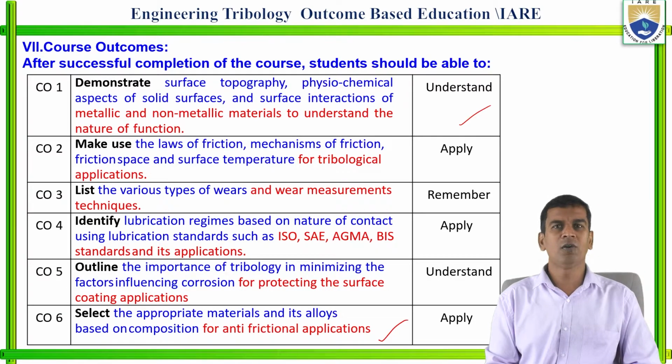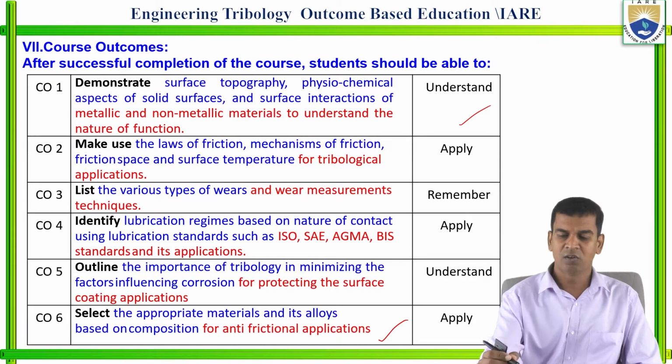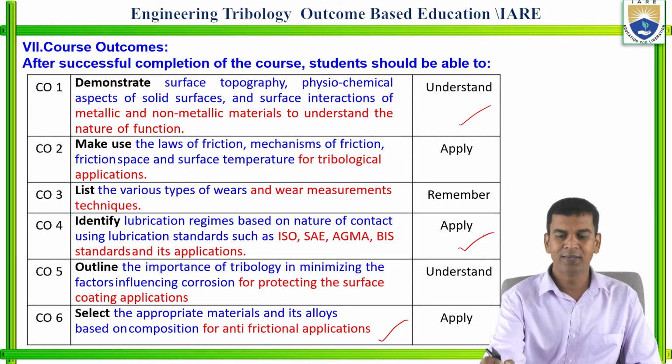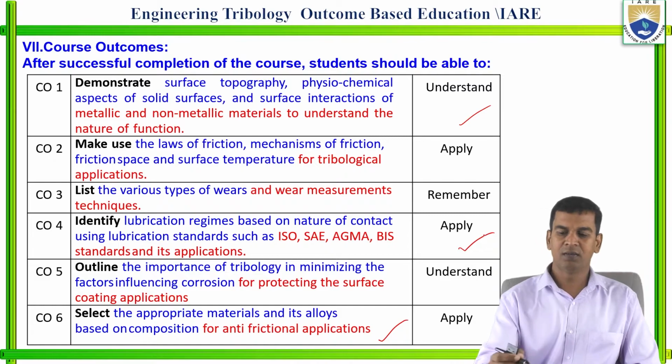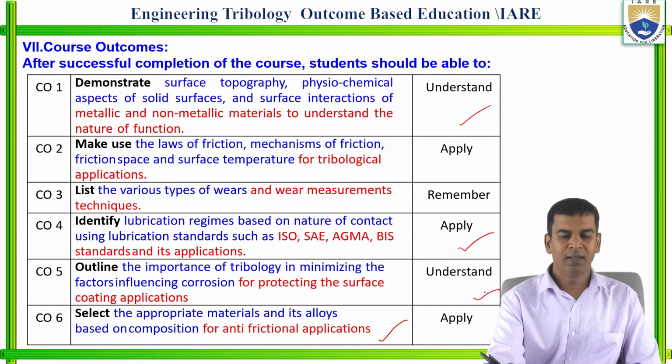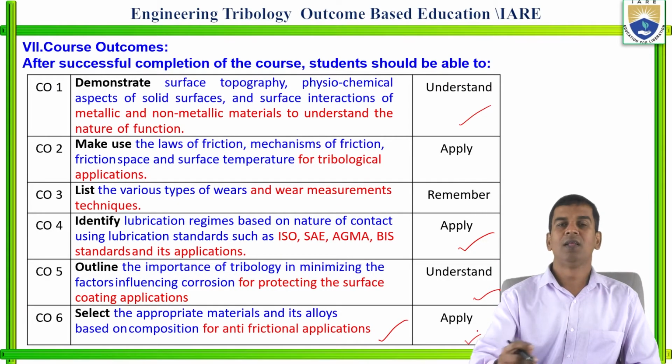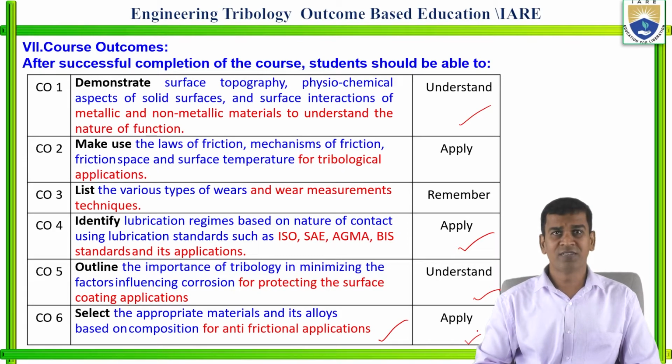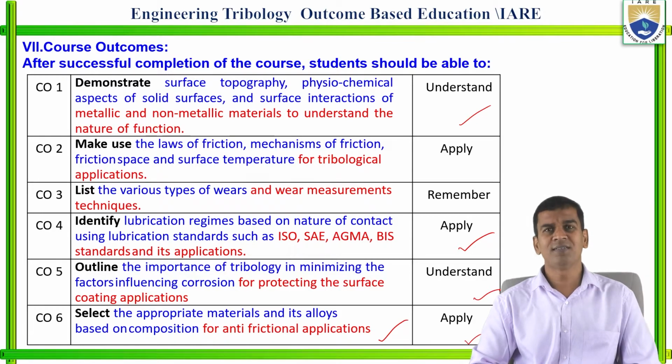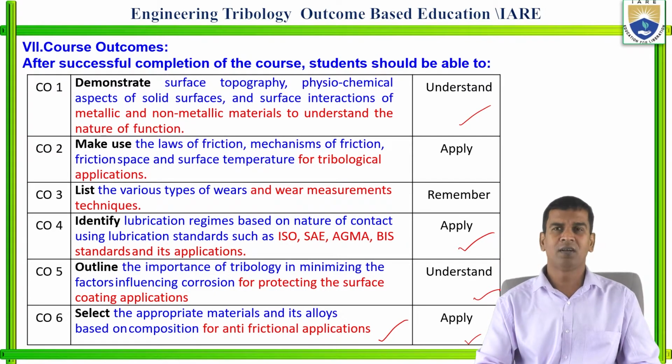Similarly, CO4, which is identify, comes under the cognitive level of apply, outline is under the understand level, and select comes under the apply level. These six COs are framed based upon the syllabus, and are mapped to the cognitive levels based on the Bloom's taxonomy levels.